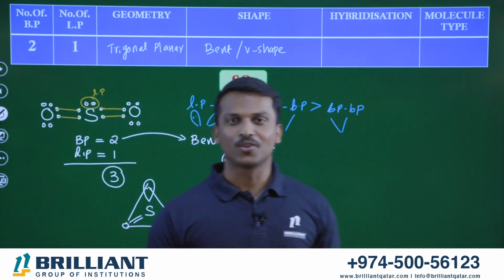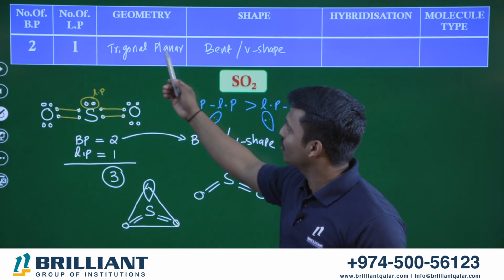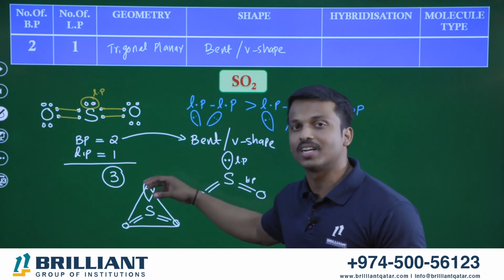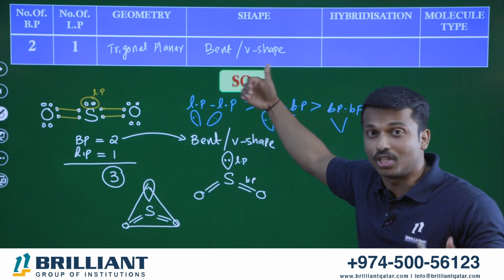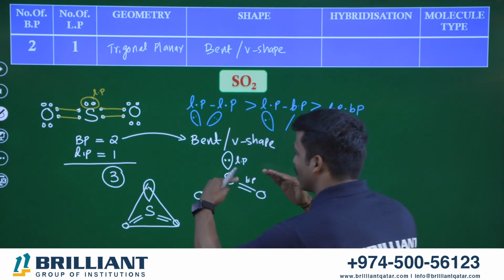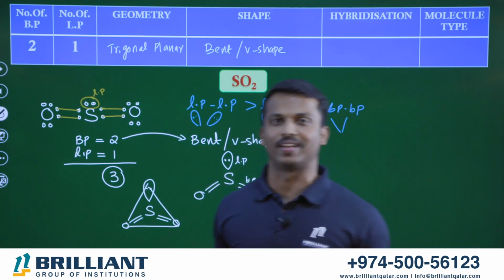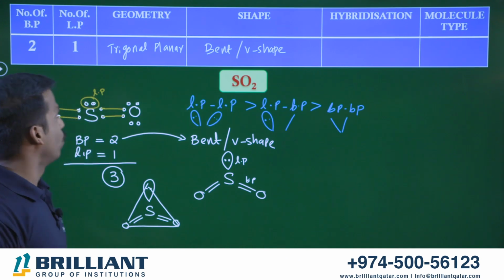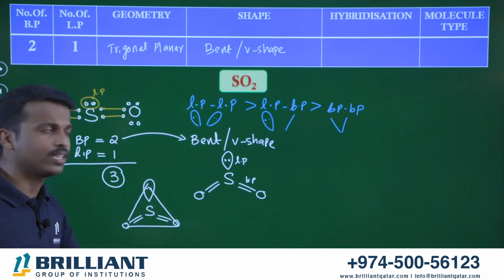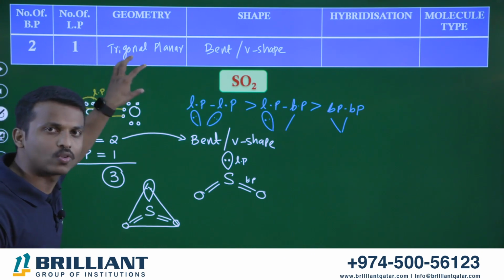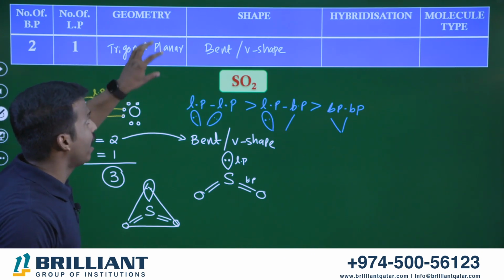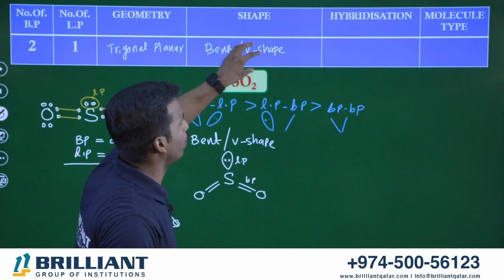So when assigning the geometry, we consider the lone pair also. But when you consider the shape of the molecule, we consider only the bond pair, how they are located, not the lone pair. Clear? So for every system with 2 bond pairs and 1 lone pair, the geometry is trigonal planar, and the shape is bent or V shape.